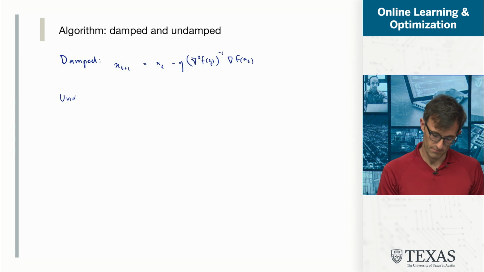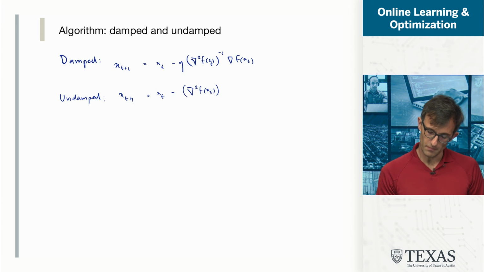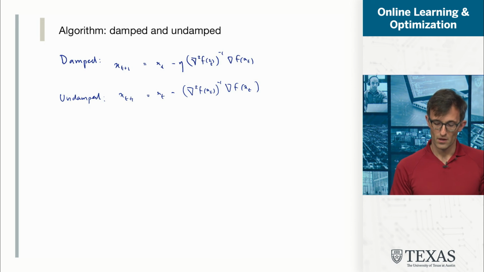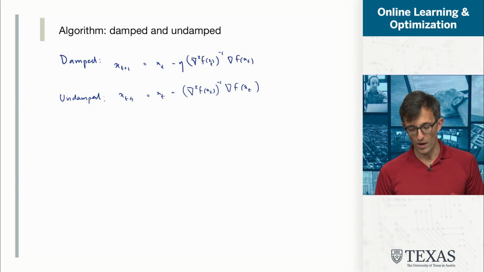And for undamped, x t plus 1 is just what we wrote on the previous two slides: the Hessian inverse times the gradient of f of x t. What we need to understand is why would we use damped or why would we use undamped?